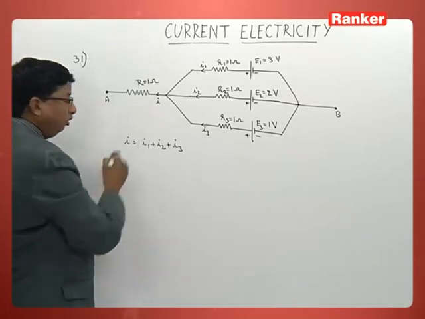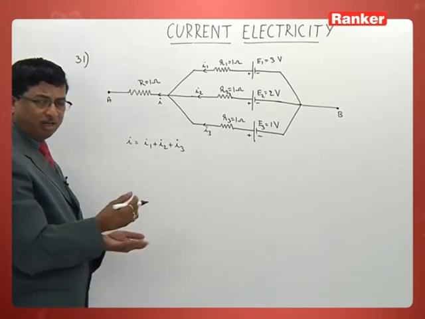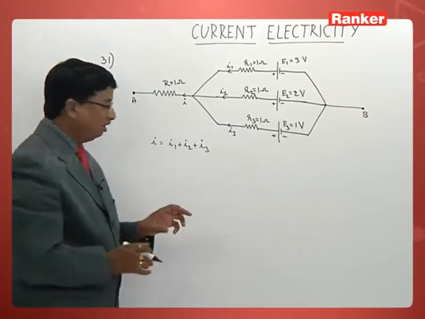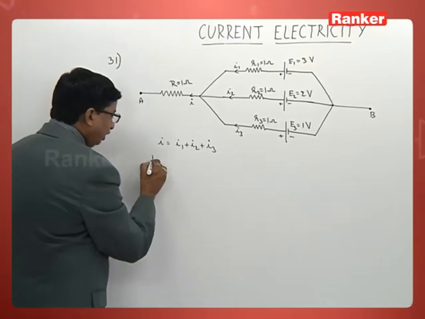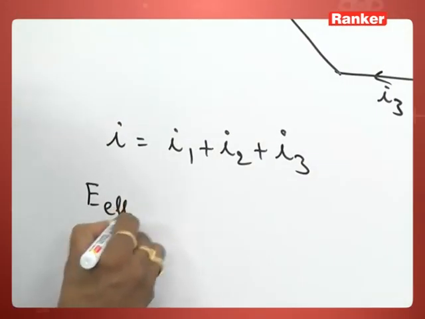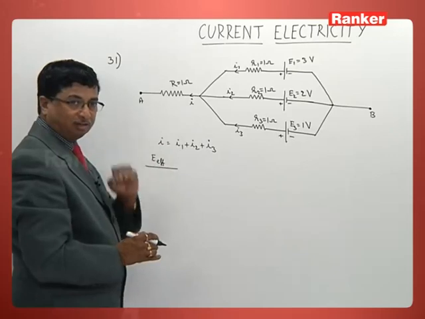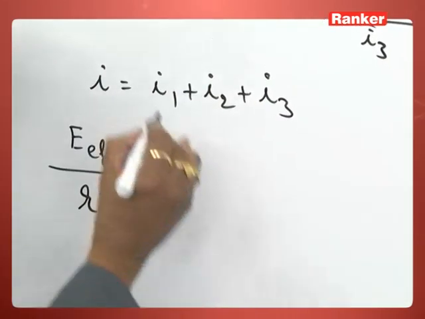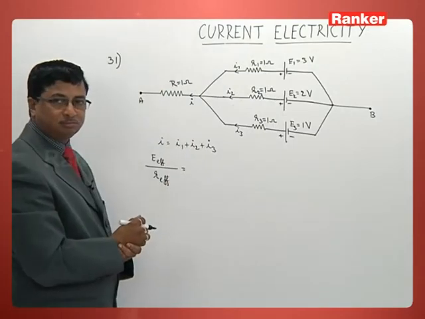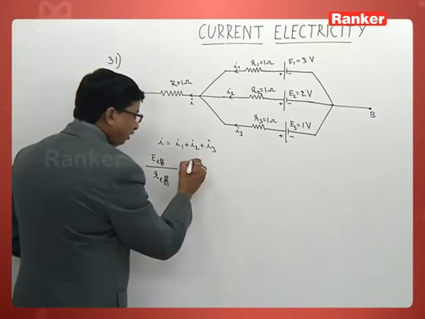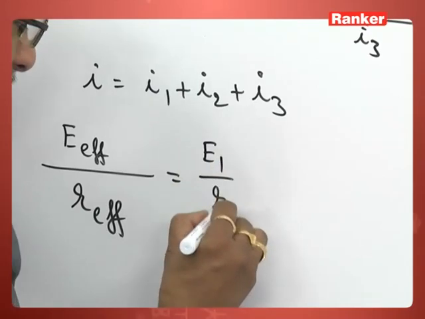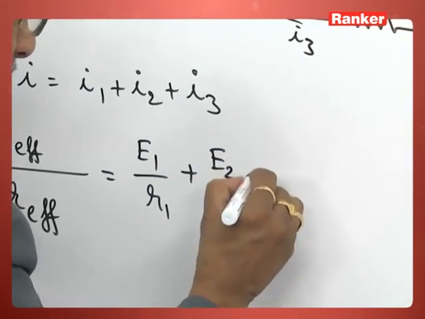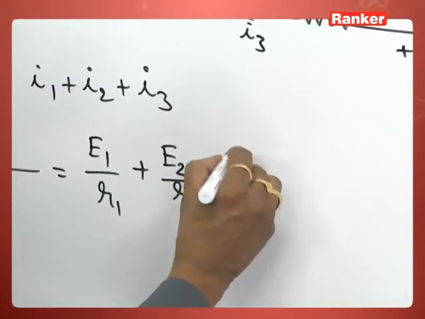And what is I by definition or directly by formula? I is equal to E by R. So you can write directly E effective by R. What is R now to be called? Effective internal resistance. So what is I1? It can be written as E1 by R1, I2 as E2 by R2, I3 as E3 by R3.